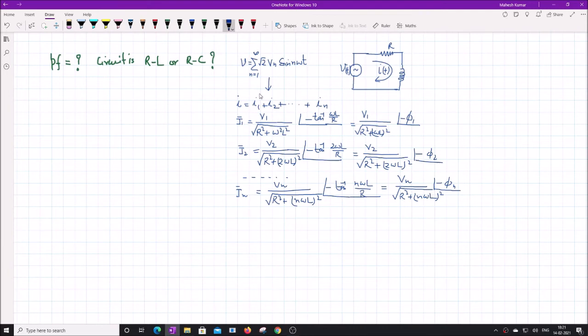So we know V1, V2 and so on, and we know I1, I2 and so on, and the respective phase angles.